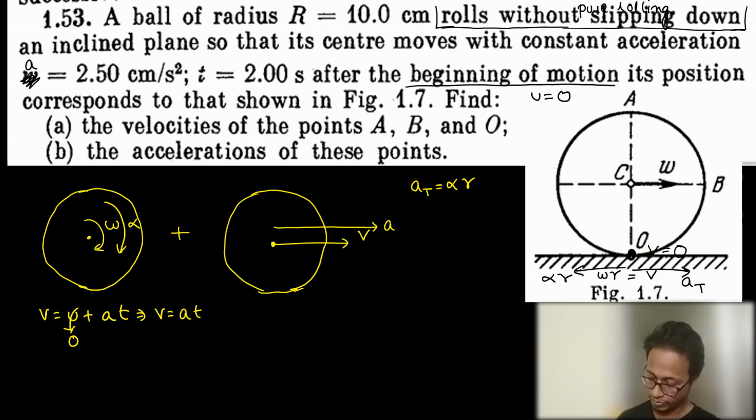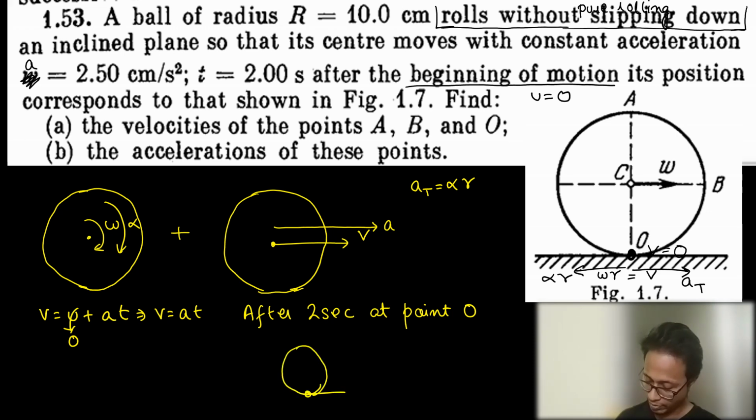So at point O, after 2 seconds, the velocity due to translation would be equals to at, and whatever is the velocity of translation will be balanced by the velocity of rotation in opposite direction, which is equals to at.